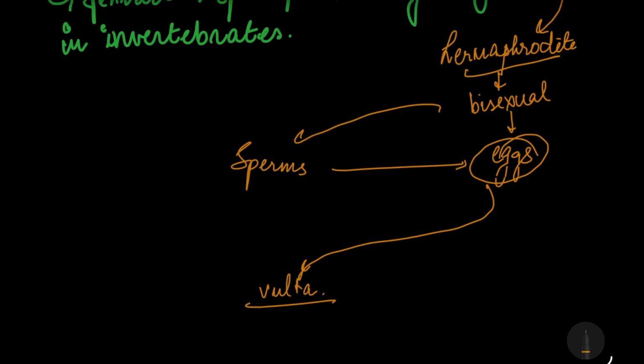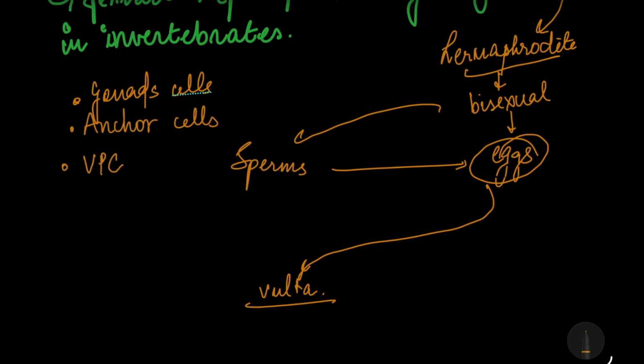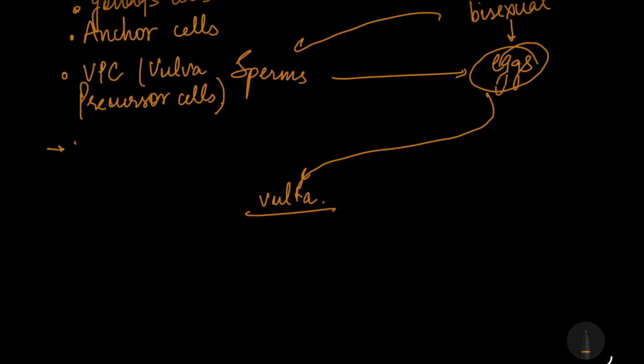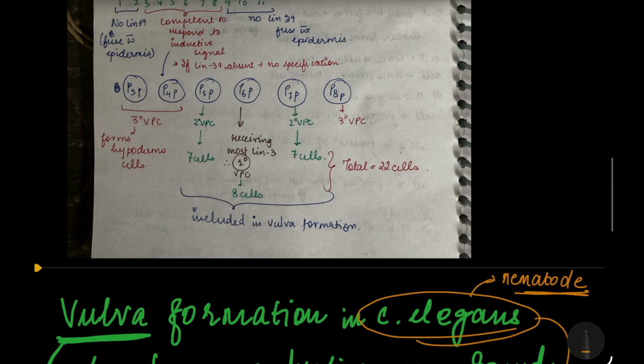Vulva formation occurs by the help of gonad cells, anchor cells, and VPCs, which is vulva precursor cells, and it is mediated by cell signaling. So this was just an overview. Let's see how.